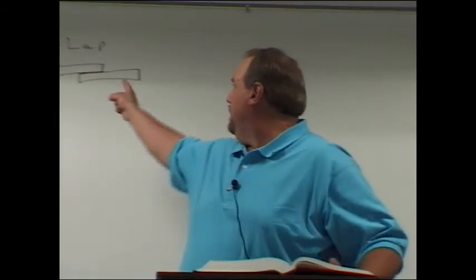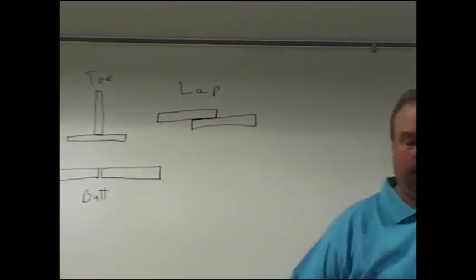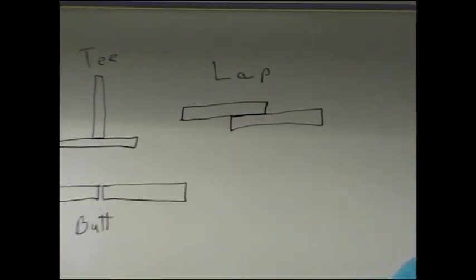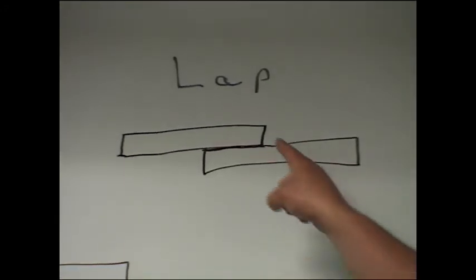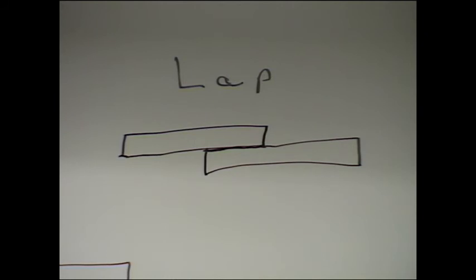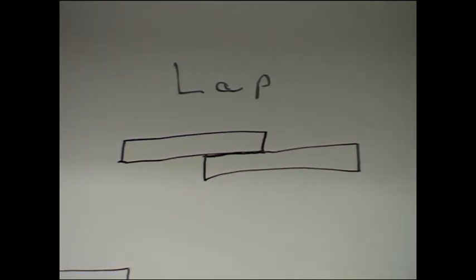Okay, welding a lap joint, like this one up here. You're actually using what's called a fillet weld. In other words, you're welding in a corner up there. You'll be welding it right here. And sometimes it's hard to get down in the corner with the oxy-acetylene. So if you're looking for maximum strength, if you can do it, you want to probably weld it on both sides of the lap, okay?